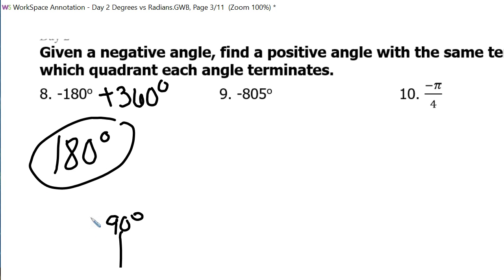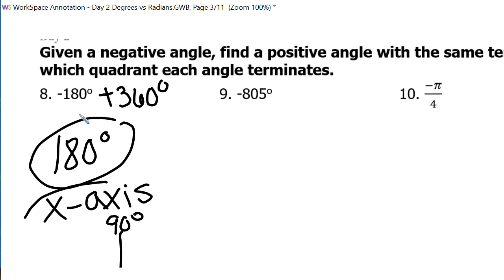What's on the line? 180 degrees is where? On the x-axis. So if it falls on an axis, if it does not land in a quadrant, state which axis it would fall on. So 180 degrees does not fall in a quadrant, it is on the x-axis. So just state x-axis instead of a quadrant.